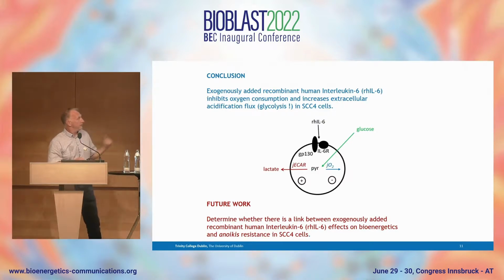And then the interesting observation that IL-6 seems to suppress mitochondrial activity and pyruvate-related activity in the SCC4 cells. Future work will be trying to elucidate how it does that and how metabolism might link to anoikis resistance.